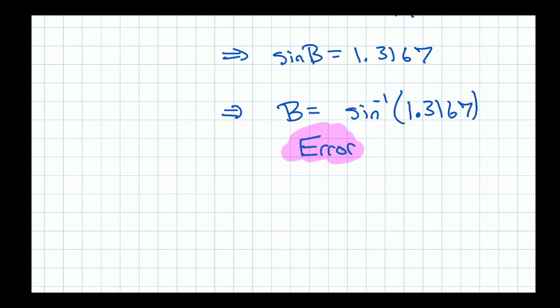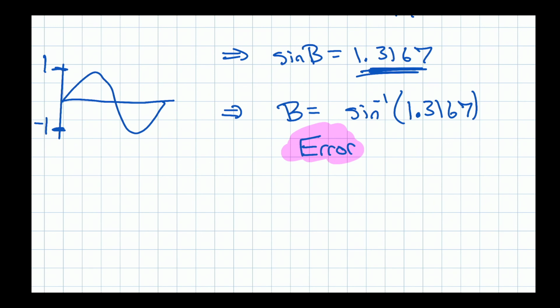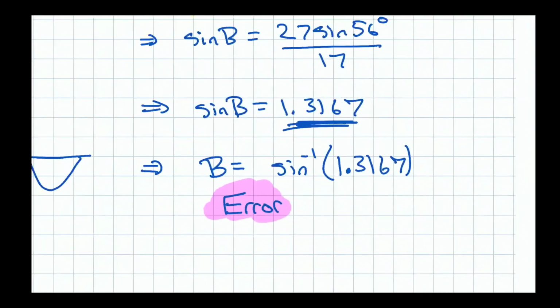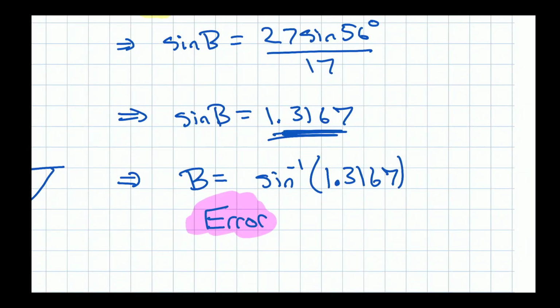Why do you get an error? Remember what the sine function looks like. If you look at a graph of the sine function, it is between 1 and -1. It can never be 1.3. That's not a valid sine value. So you can't take the inverse sine of that. It's just not a valid number. Okay? So that's what the issue is.